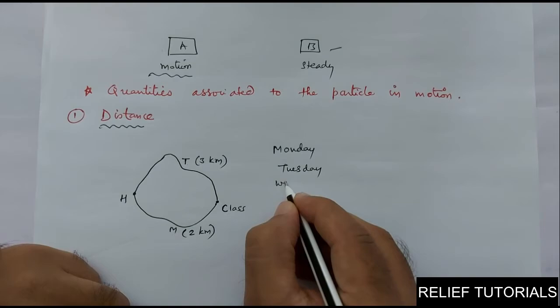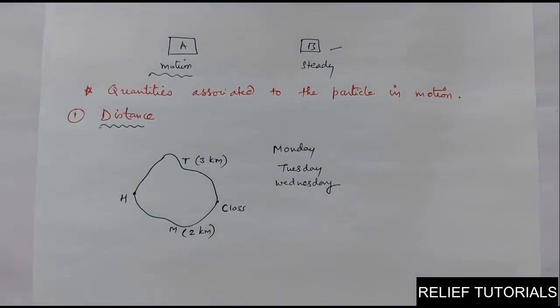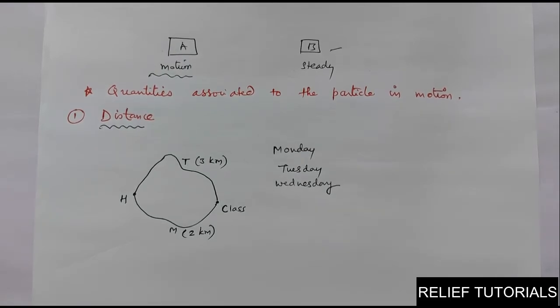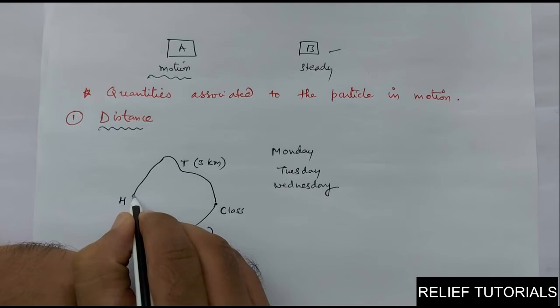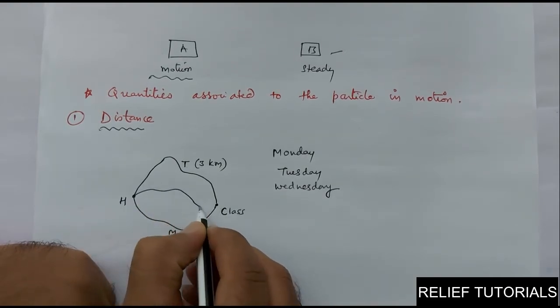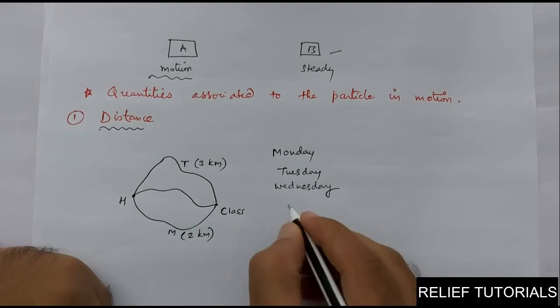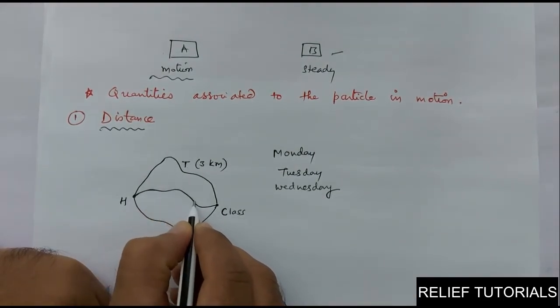Wednesday. On Wednesday, you are already late. So you didn't go to your friend's house and you have chosen the shortest path, the shortcut you have chosen, and go to class. So on Wednesday, this is the path followed by you.